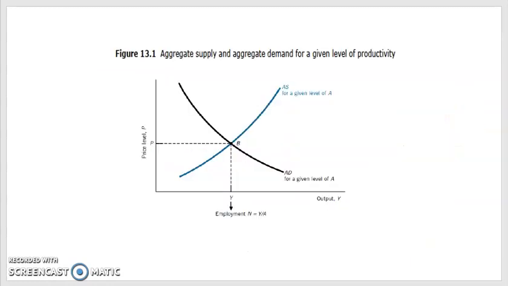And this is the aggregate supply and aggregate demand interaction curve. And again, as shown, aggregate supply is upward sloping and aggregate demand is downward sloping.